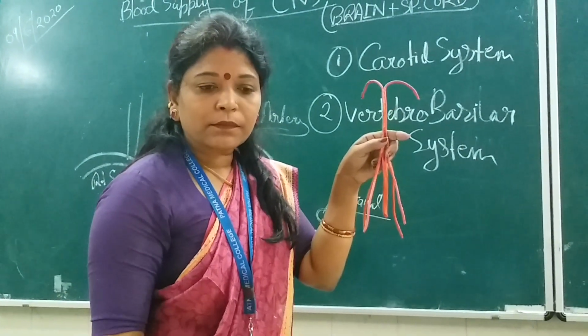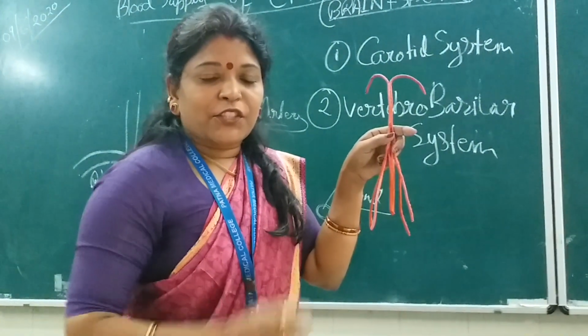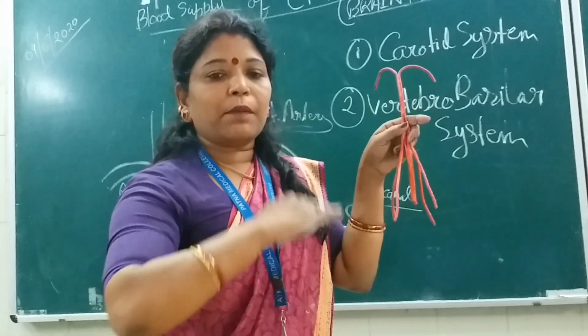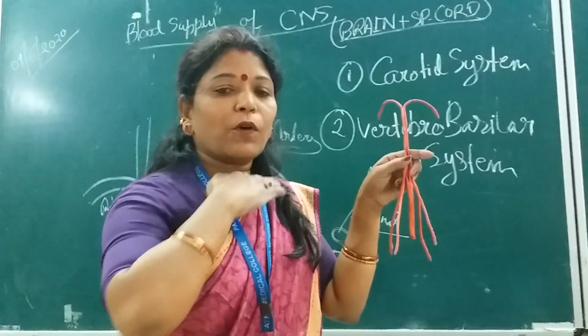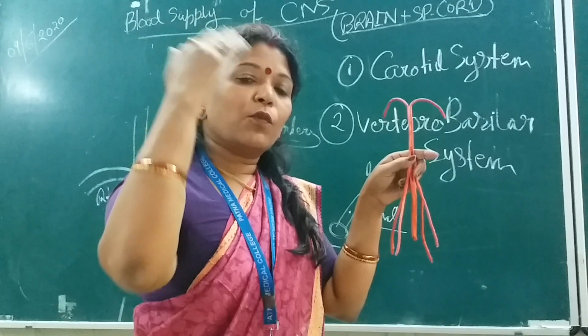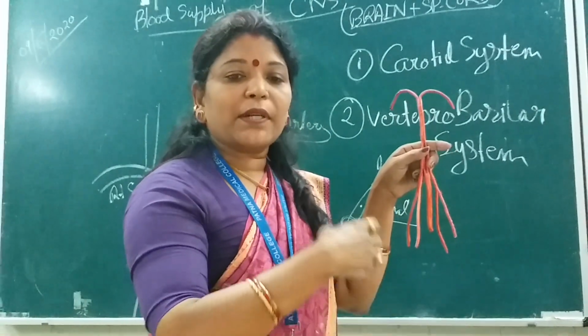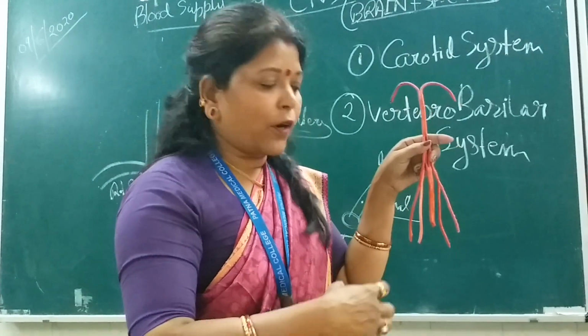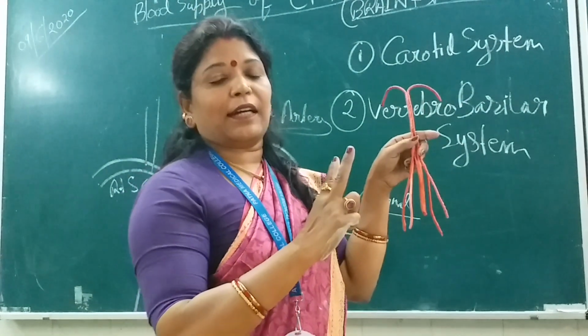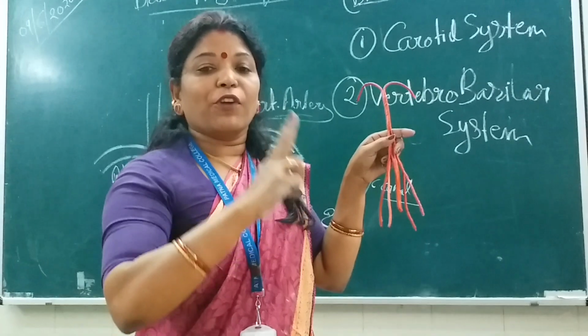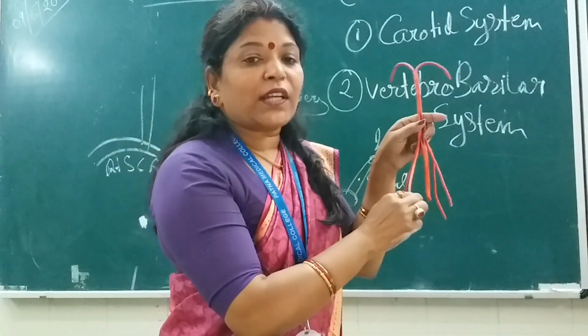Anyone? Just below the foramen magnum there is the spinal cord. Okay, and above that what is there? Medulla oblongata. Below the foramen magnum it is continued as the spinal cord. So it is the medulla oblongata, the part of the brainstem, which meets first with this vertebral artery.